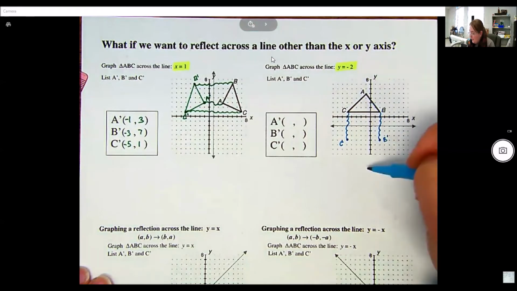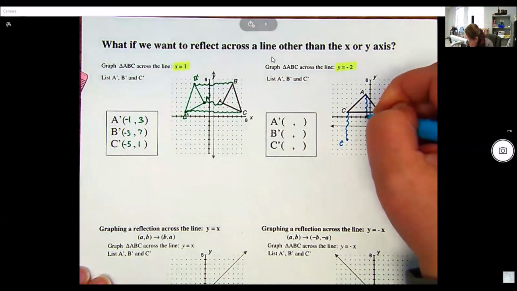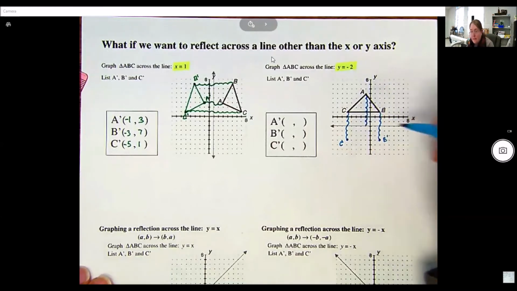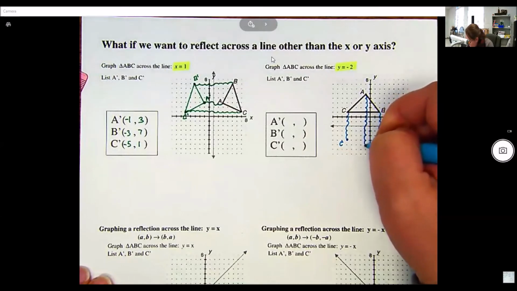Now, A actually ends up going off of the grid just one little point. Count 7, and remember not to stop at the axis, stop at the line of reflection. Then count 7 more.